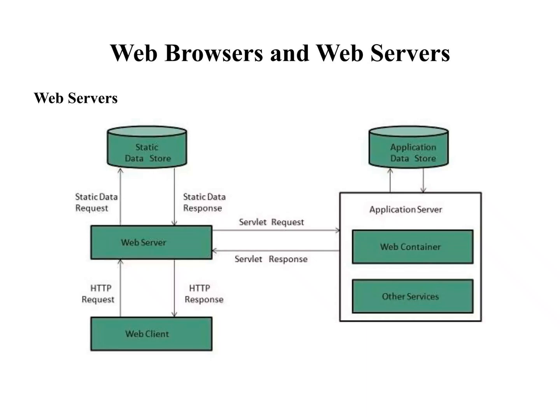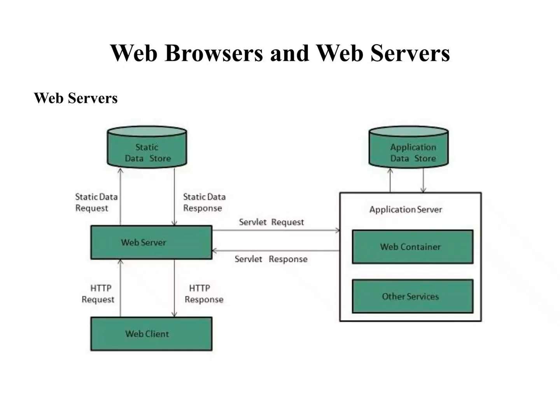Web server architecture. Here the application server is present. Inside that application server, web container and web services are connected to the web server and application data store. Then the application data store is also connected to the application server box.